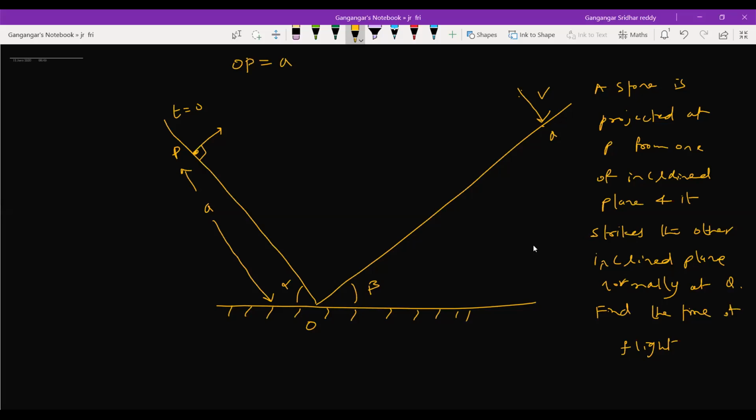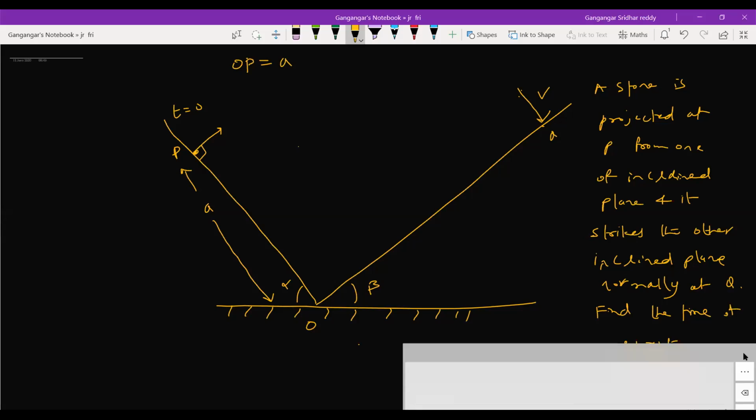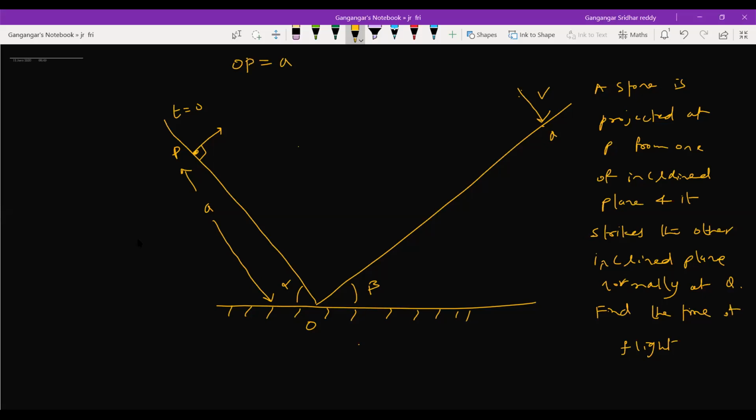Proceed in the same way as earlier, what we did. These two planes, the angle between the planes need not be equal to 90 degrees.